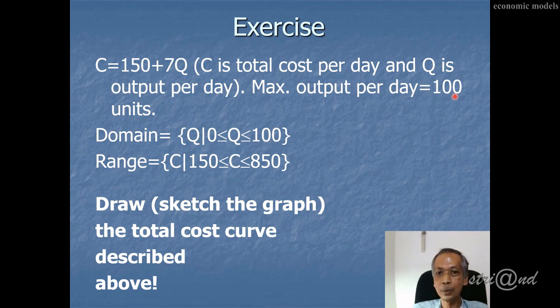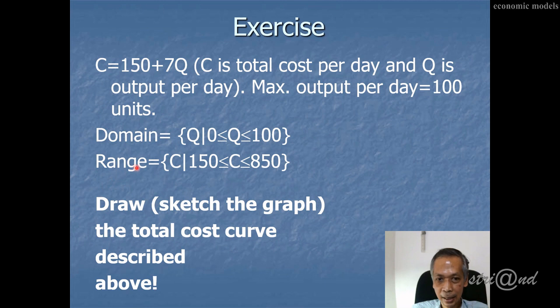Because we know that quantity is not relevant to be negative, we can say that the domain starts from 0 and stops at 100, because it's already been stated here that the highest value of the output is 100.